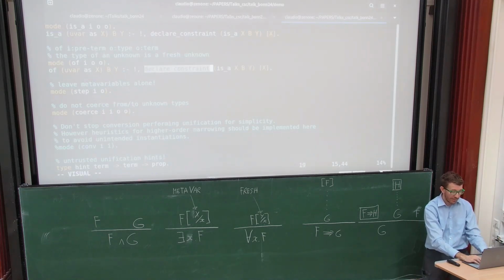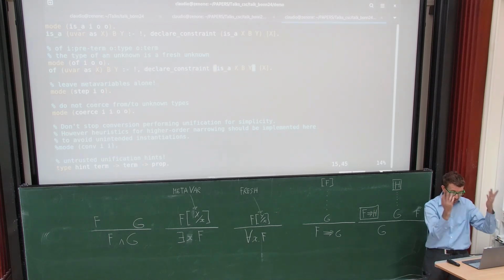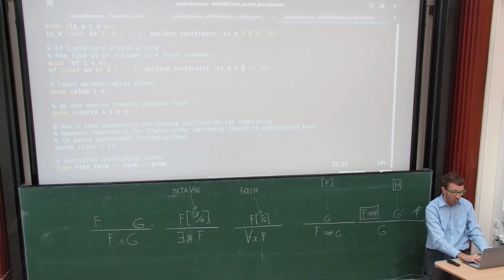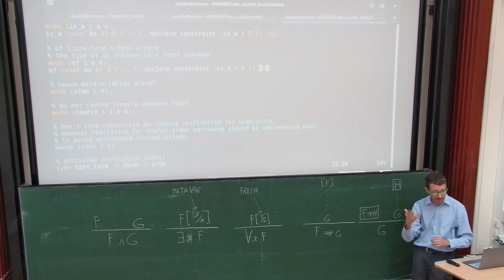So when I find the meta variable x and I want to know if it has type y, I put a constraint in my set of constraints saying that once x is instantiated, I will check if it really has type y. This constraint is suspended over x, so it will be resumed once x becomes instantiated.